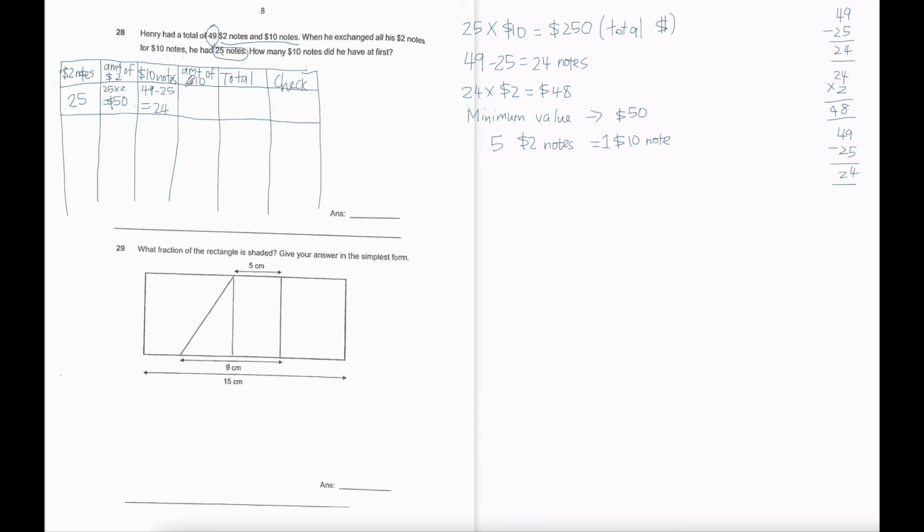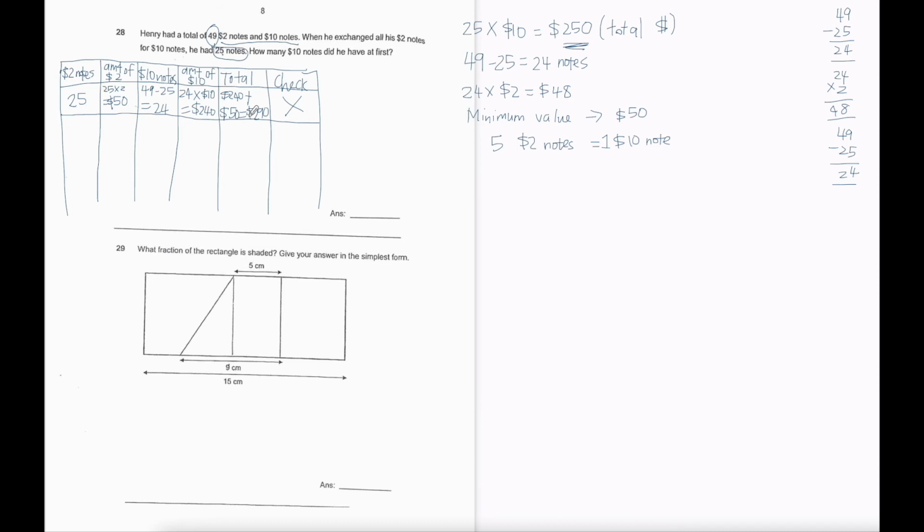Take 24 times $10, we get 240. So 240 plus 50, we get 290, which is not correct because our final value is 250.